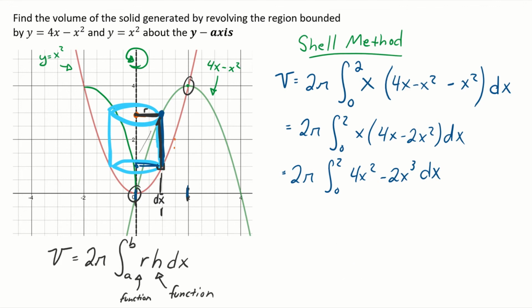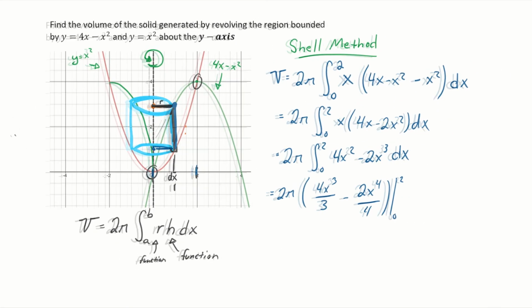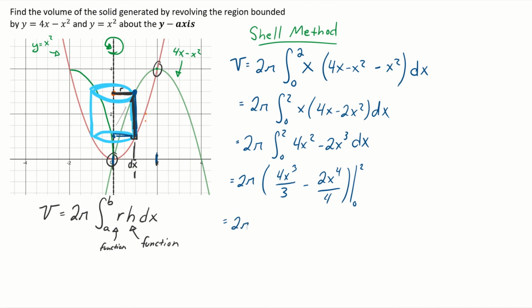Okay, I moved our general formula out of the way. Power rule, so you add 1 to the exponent and then divide by that. So minus 2x to the 4th over 4, and we are going from 0 to 2. Let's write this one more time to simplify that second fraction. So that's x to the 4th over 2. Now evaluate at 2, and then evaluate at 0.